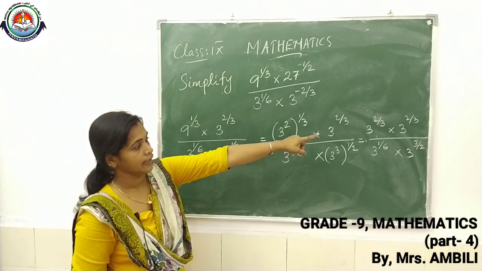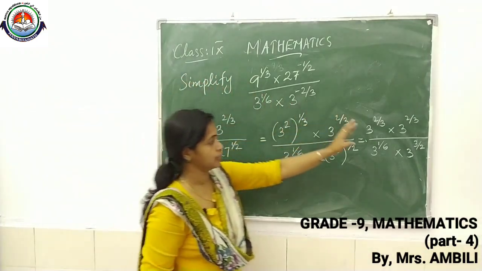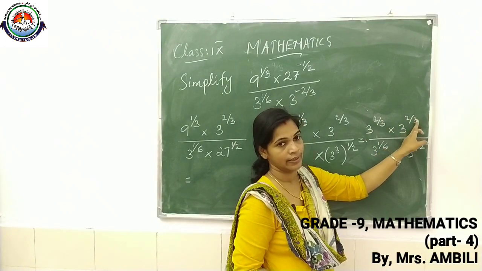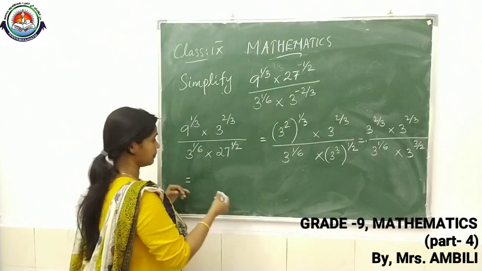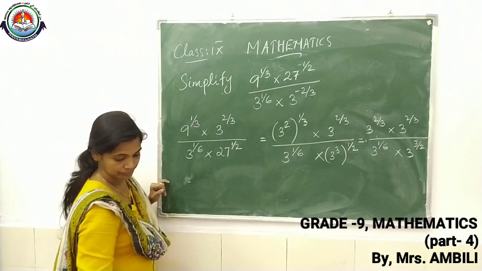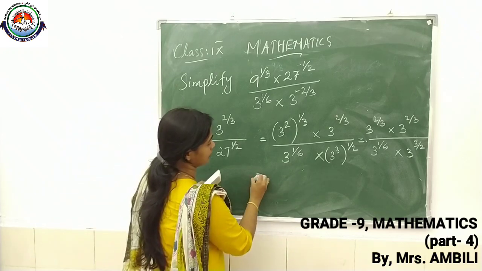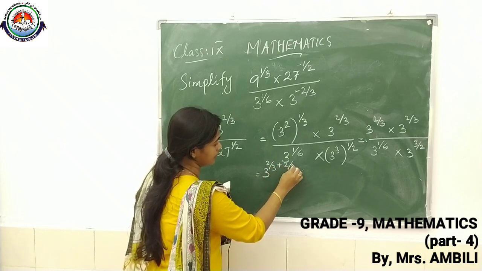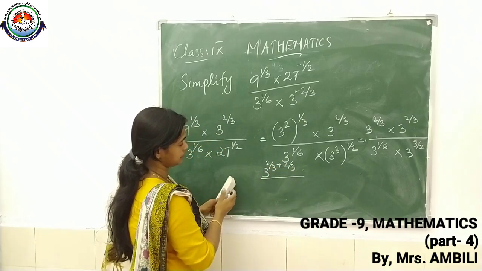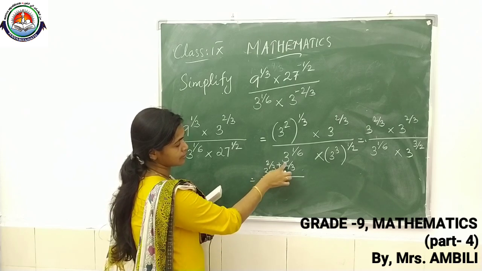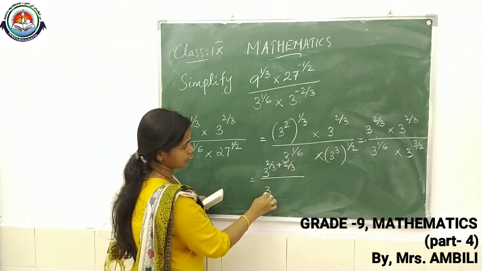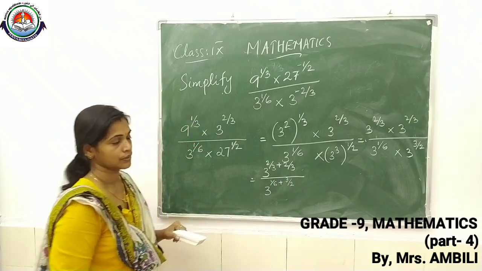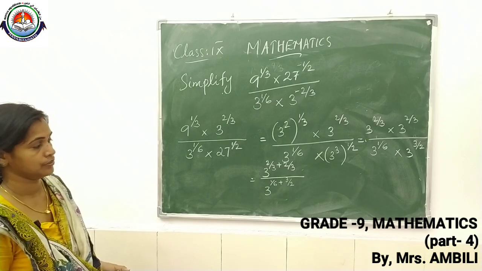Then come. 3 raised to 2 by 3 into 3 raised to 2 by 3. How can we do? a raised to m into a raised to n equals a raised to m plus n. Okay. So, like that 3 raised to 2 by 3 plus 2 by 3 divided by, down, 3 raised to 1 by 6 plus 3 by 2. Okay.